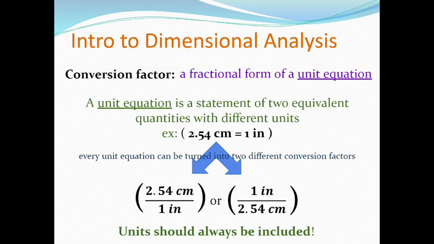So those units give these numbers meaning, and a lot of what we do is going to be focused on getting a number out as an answer, but realize that the units are going to be what gets us there, and the units give all of these numbers meaning, and you're not going to get very much credit for these problems if you don't include units. So every single number on this page needs a unit after it, some kind of letter, symbol, something to tell us what that number means.